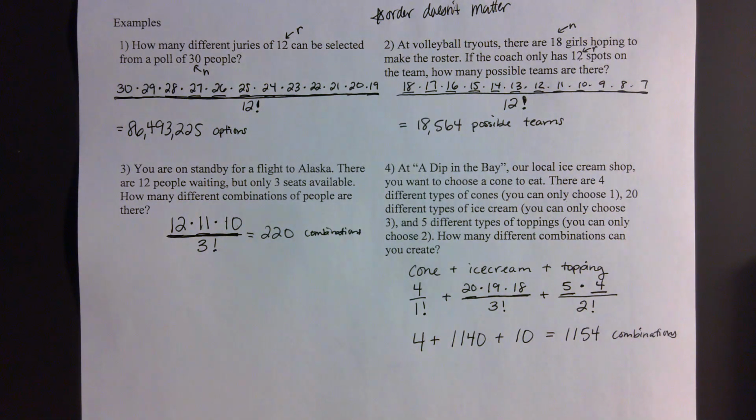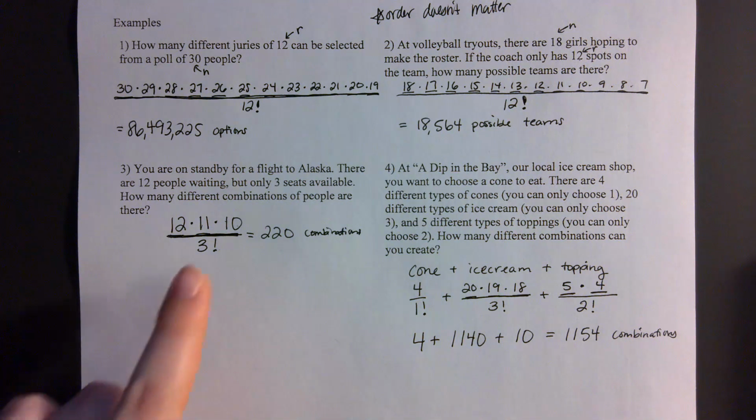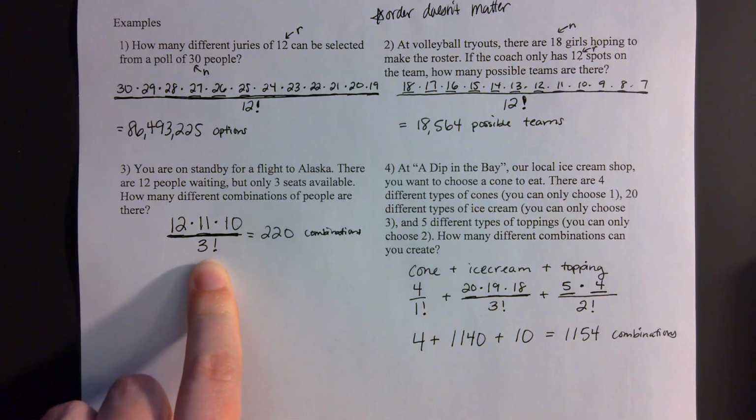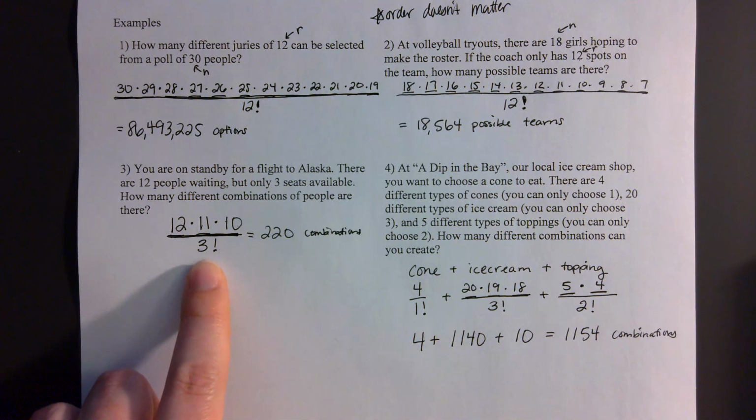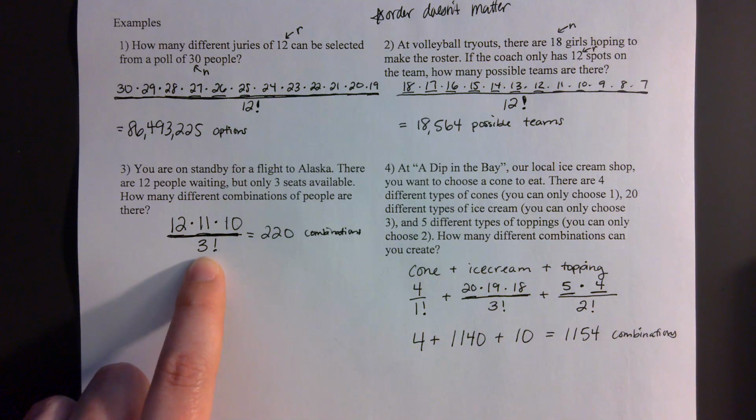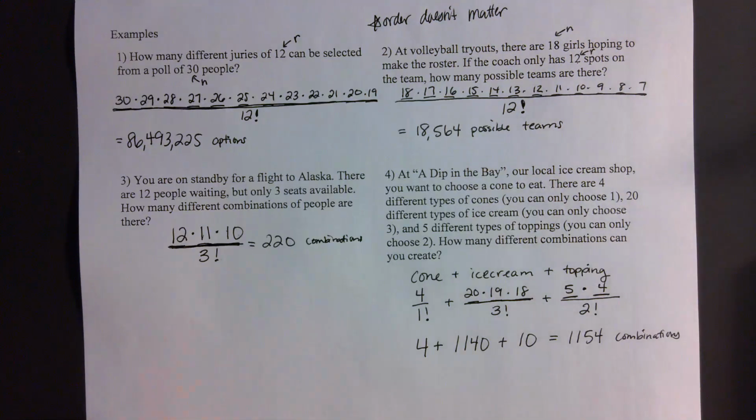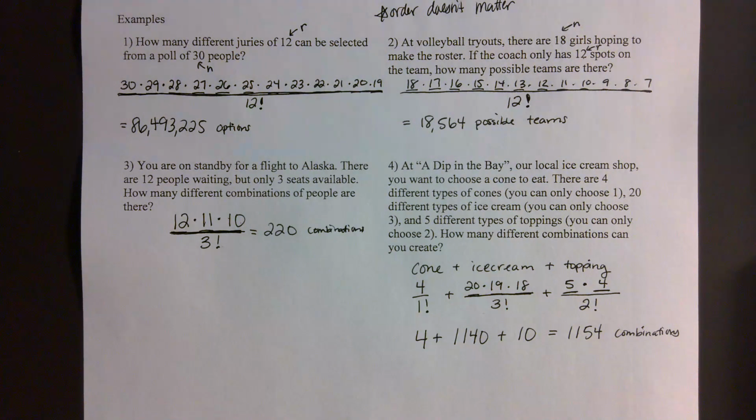All right, so let me show you in the calculator how you can use this as a way to check yourself. I would prefer you to show your work this way. So on your practice worksheets, I would like you to show your work this way. That's my preferred way. It just shows me that you truly understand the difference between combinations and permutations.